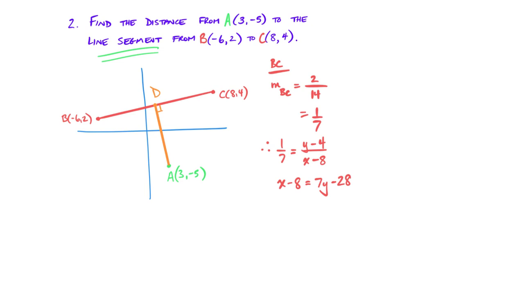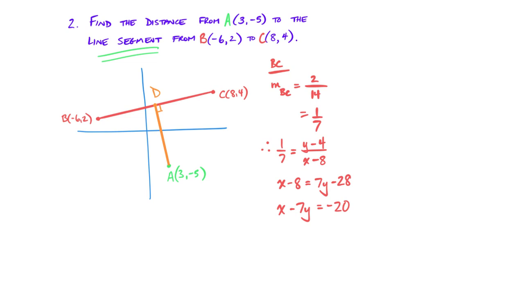And now I can put that in standard form. Now, I don't know whether standard form is the best form of this equation for me, but I'm going to put it in standard form just until I can make a decision on that. Okay, I now have the equation of BC.